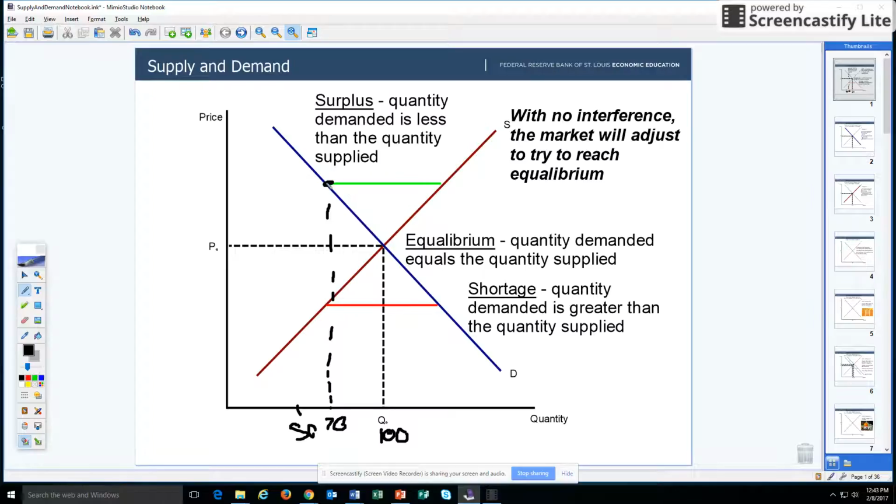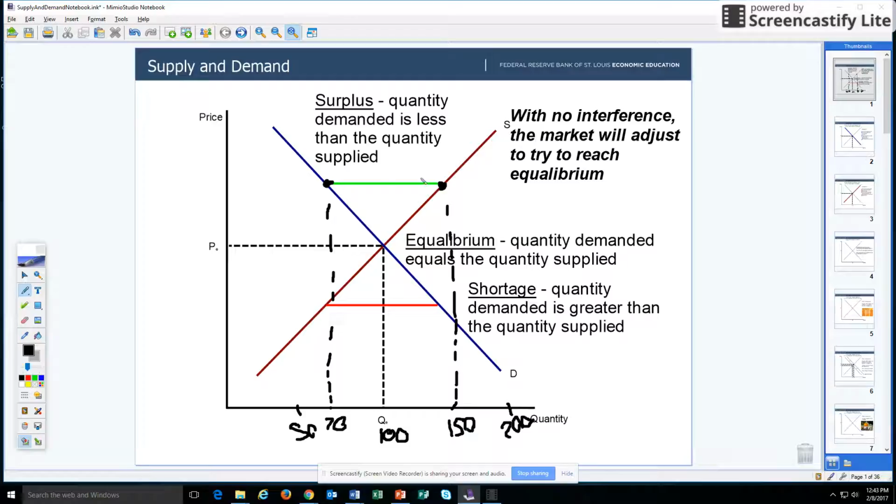So our quantity demanded right here is about 70. Our quantity supplied, if we supply right here, say that this is maybe 200, so maybe we're supplying right here 150.